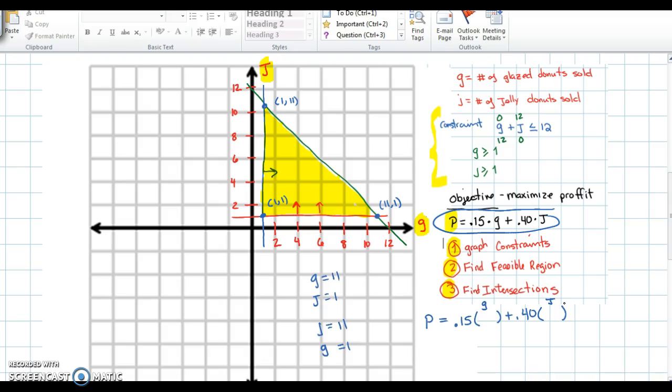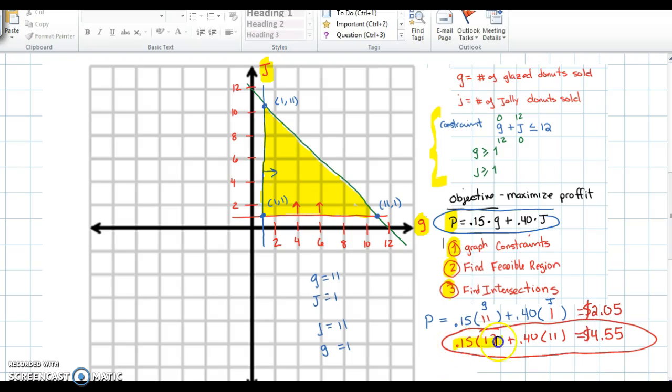You may be able to tell which is going to work, but I always try both because sometimes I can't tell. So in this example, I'll put 11 here and 1 here and come up with an answer. And the next time, I'll put 1 glazed, 40 cents times 11 jelly, and hopefully you can see this is the function that will actually maximize because we're multiplying 40 cents times a larger number.